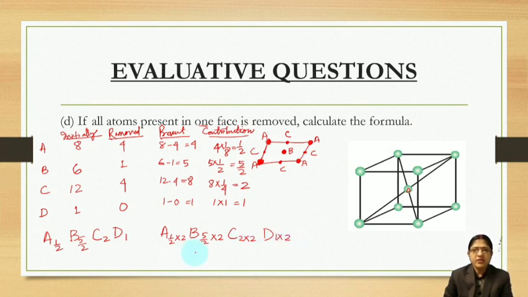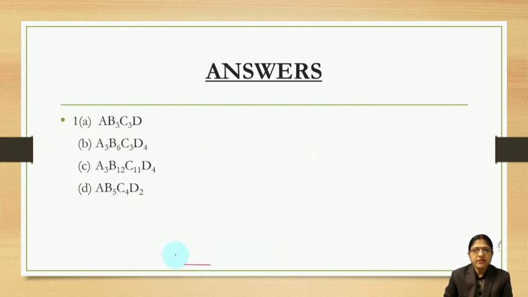Right? So the required formula will be A 1, B 5, C 4, D 2. Right? So in this way the formula of the unit cell is calculated.